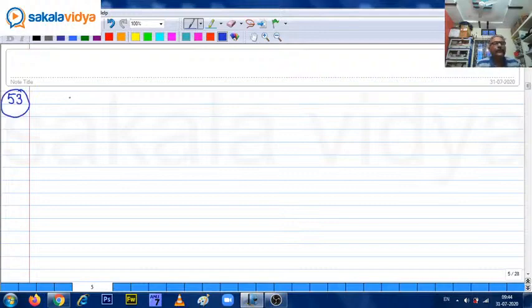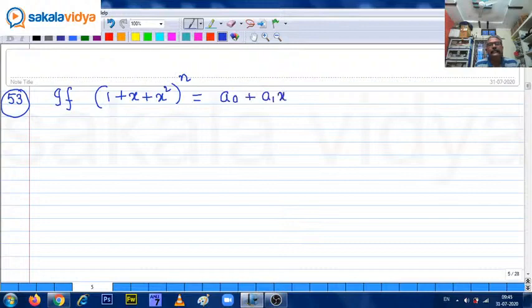Question number 53. If 1 plus x square whole to the power of n equals a0 plus a1x plus a2x square and so on plus a2n x to the power of 2n.